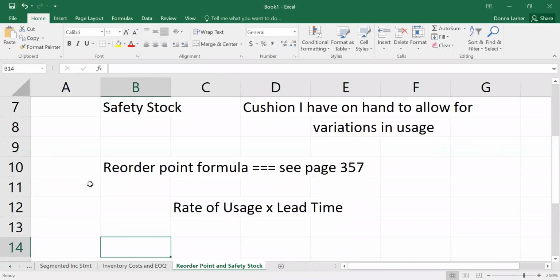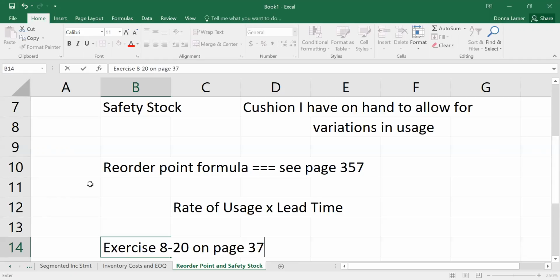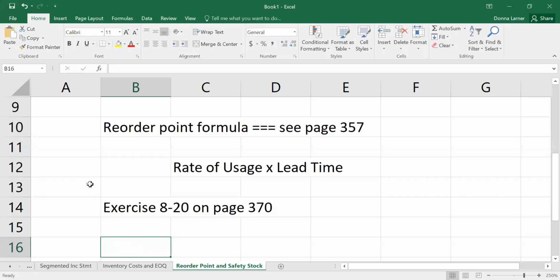If we look at an exercise in the book, we can look at exercise 820. It's on page 370. And that says that the company, same company we were looking at before, has 8,000 pounds of lava stone used a year.